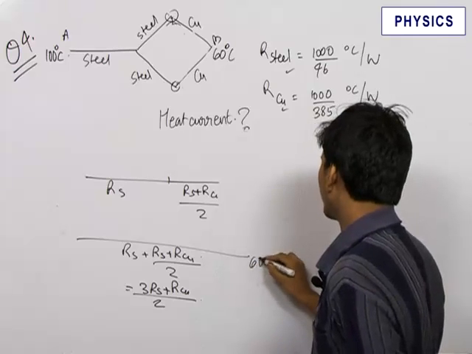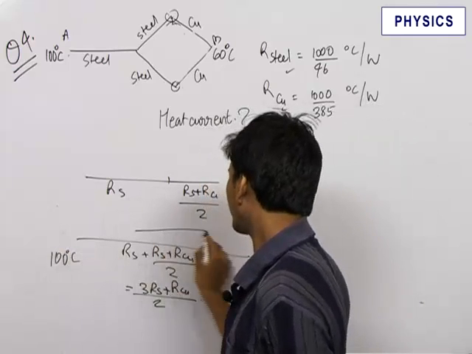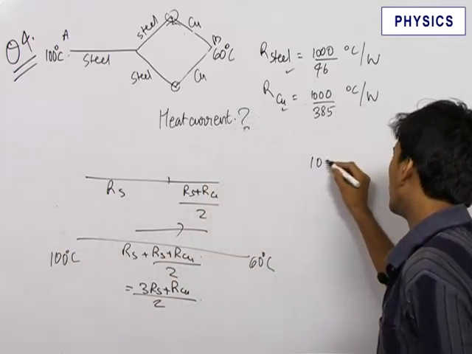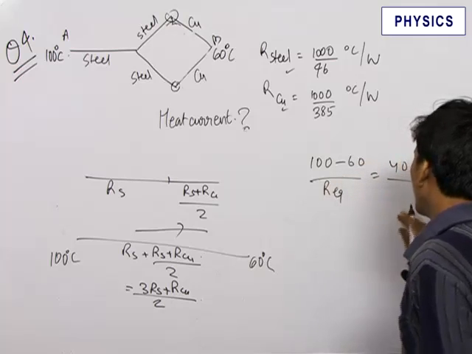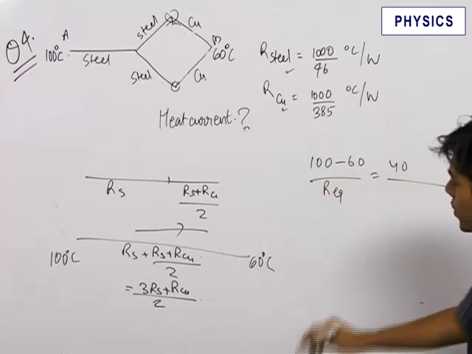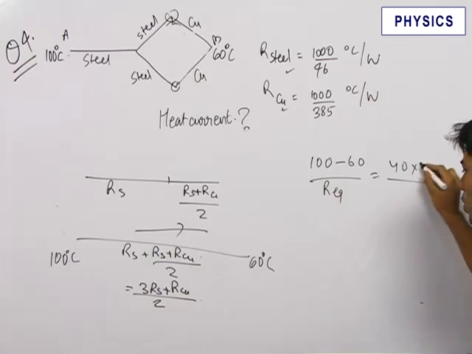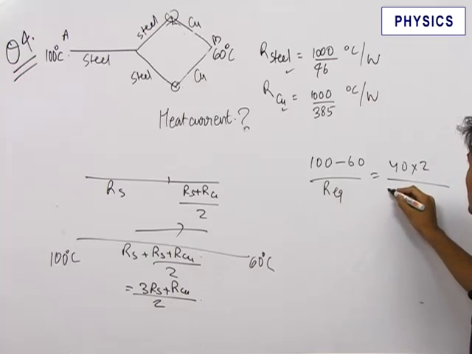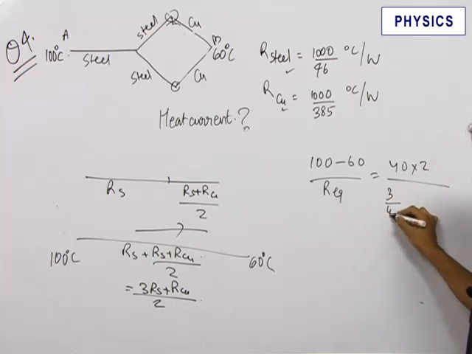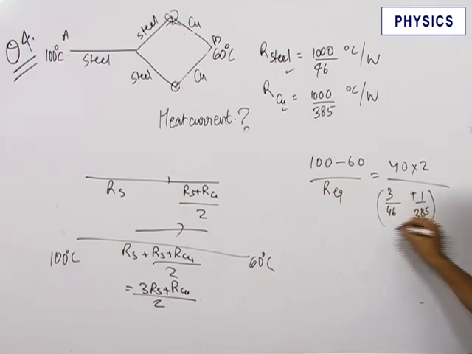The system's this end is maintained at 60 degrees Celsius and this end is maintained at 100 degrees Celsius. So the heat current in this direction can be directly written to be equal to 100 minus 60 upon R equivalent, that is equal to 40 upon R equivalent. R equivalent as we know is equal to (3RS plus RCU) upon 2.